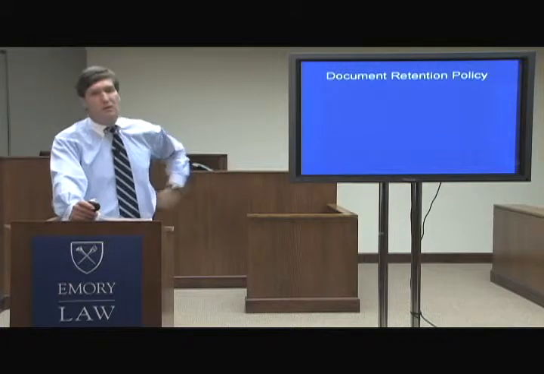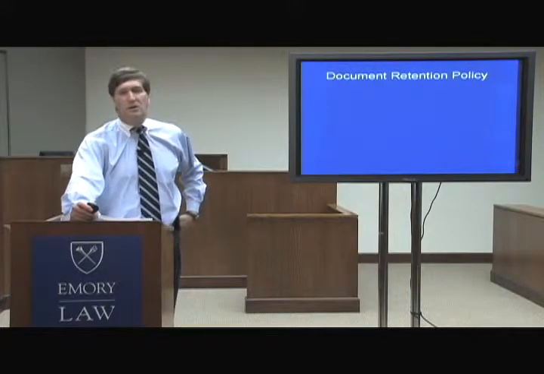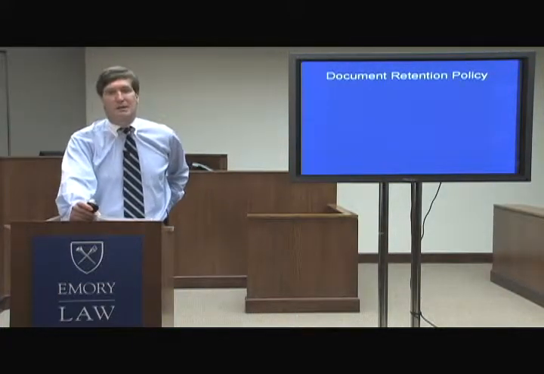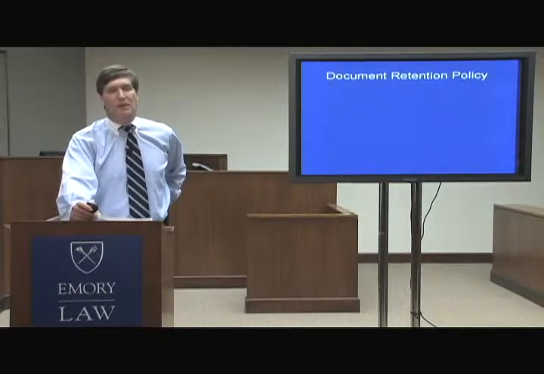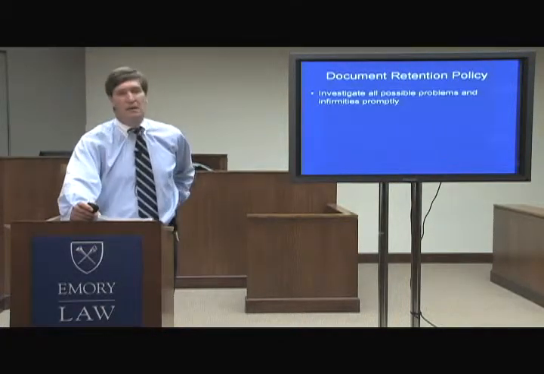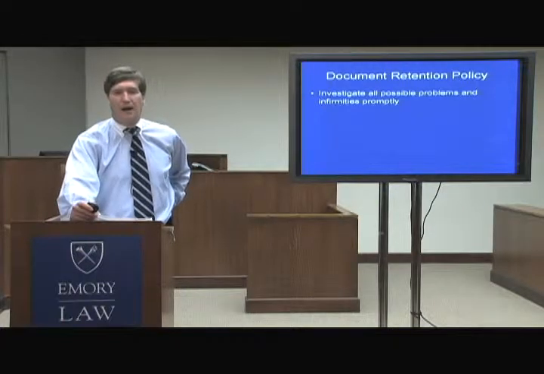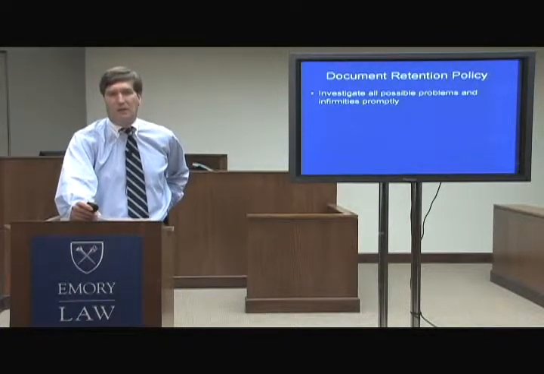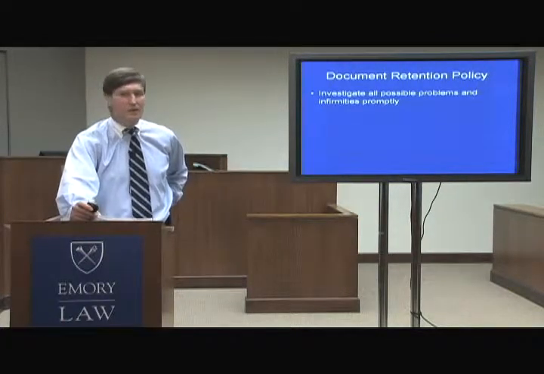You're also required to turn over to the other side what your document retention policy is, and you're going to find very quickly that the document retention policy is often not what is followed by the company in the practice of the actual IT people.